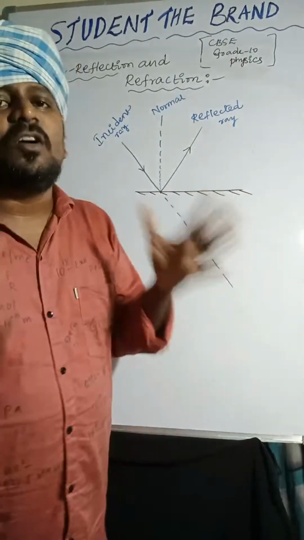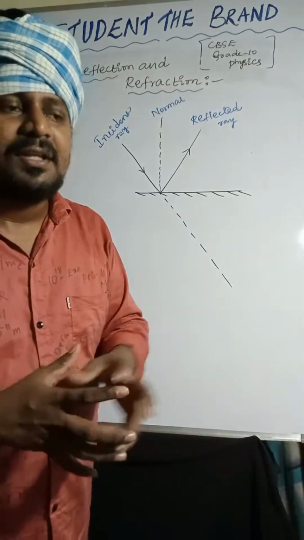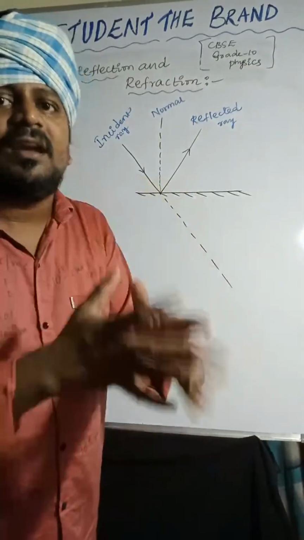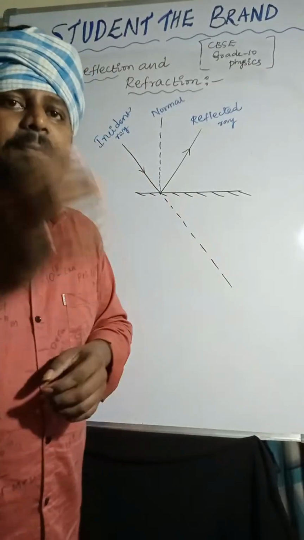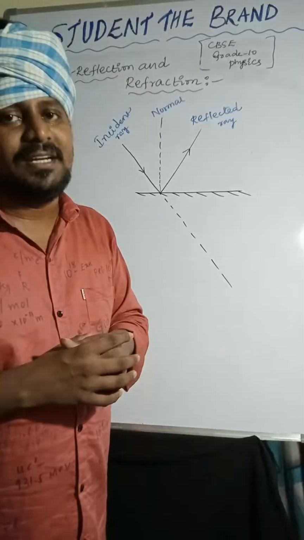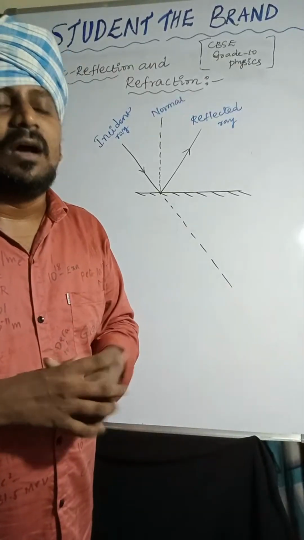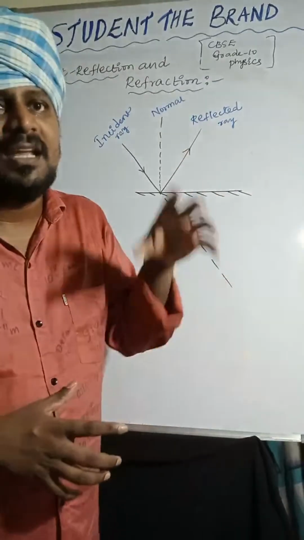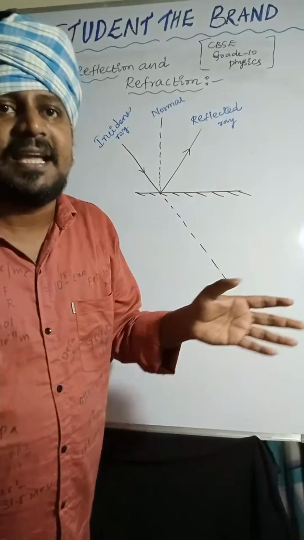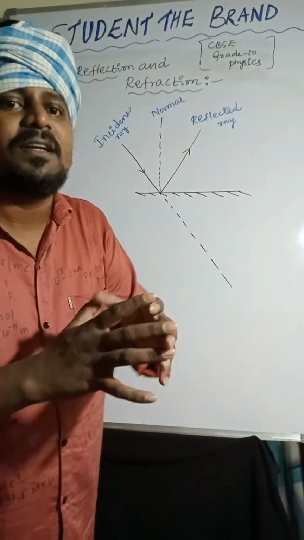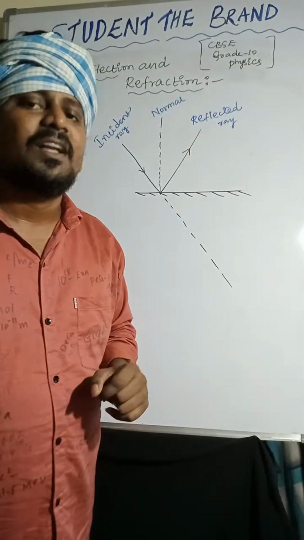So what is a homogeneous medium? Homogeneous medium means the particles present in the medium exhibit the same properties. If the properties of the particles are the same, that medium is called a homogeneous medium.